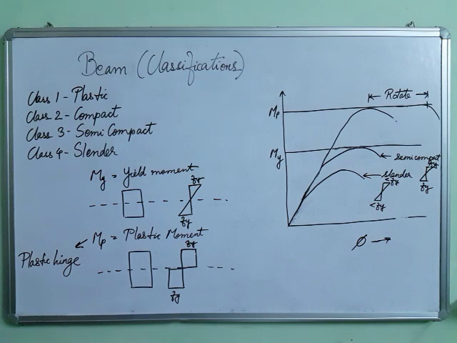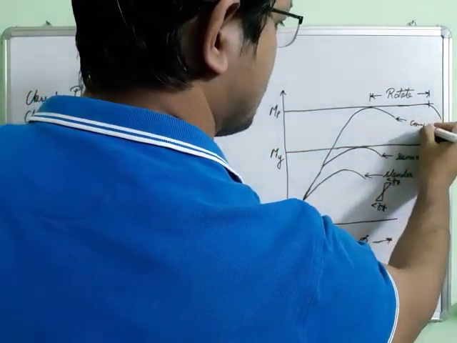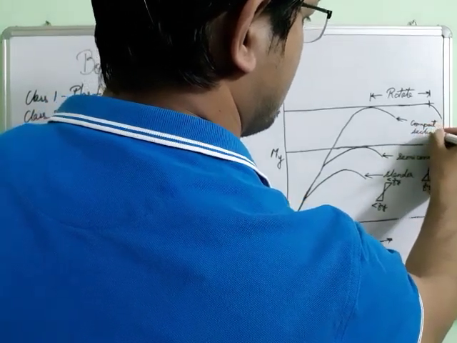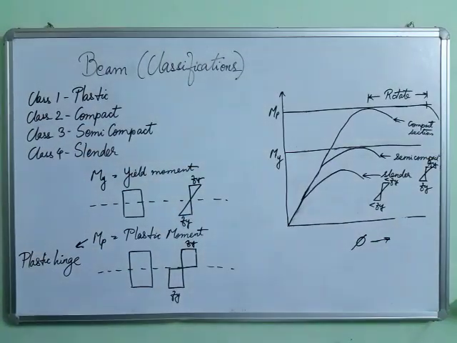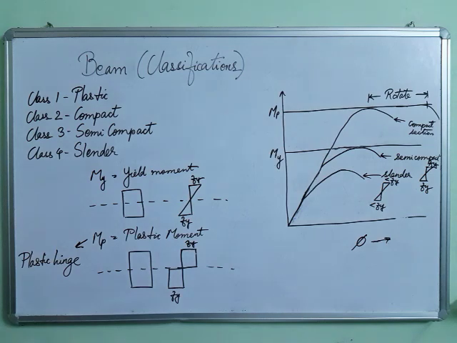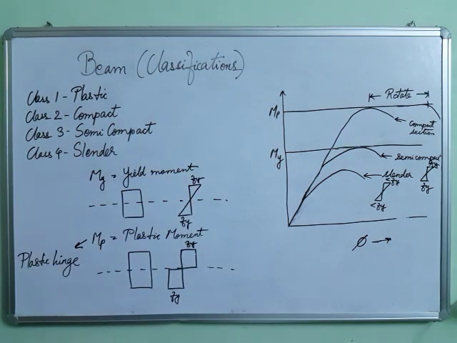Next we go to the compact section. What will happen is that in compact section, they will develop the plastic moment of resistance. Okay, so all the fibers will reach yield stress.